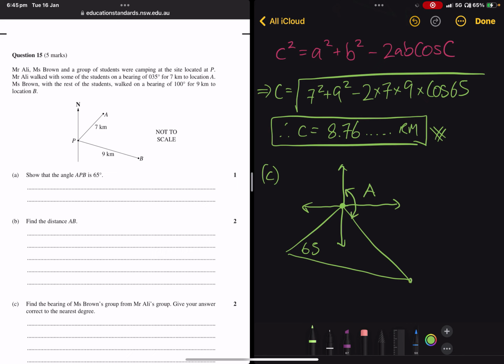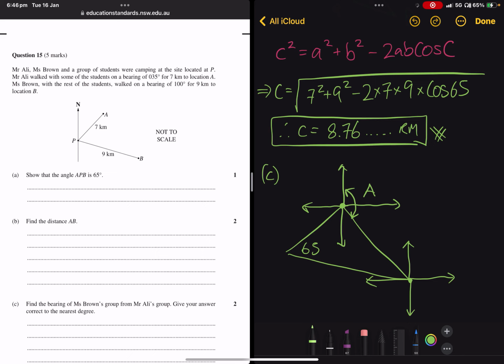And then Mrs. Brown's group is down here. We could draw a little compass around this as well. But we are not necessarily after bearings down here. We are really after this bearing here of Mrs. Brown's group from Mr. Ali's group. And we have to give our answer correct to the nearest degree.